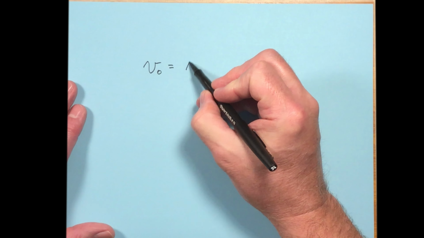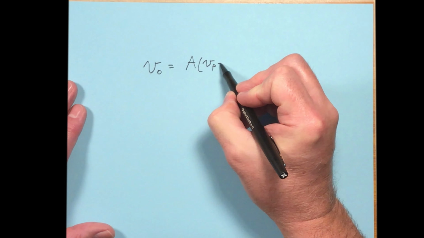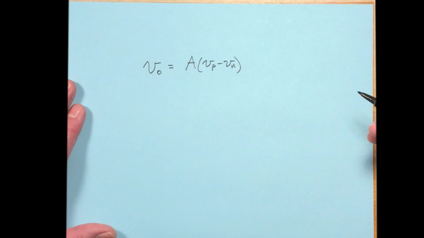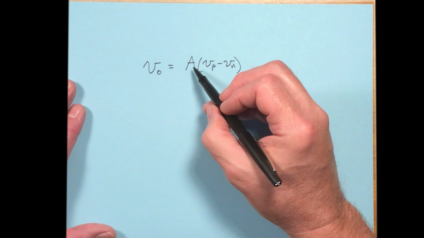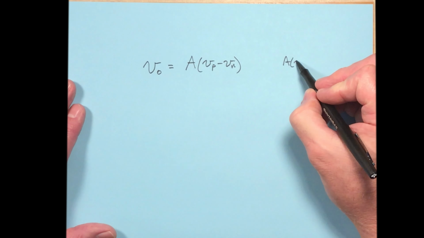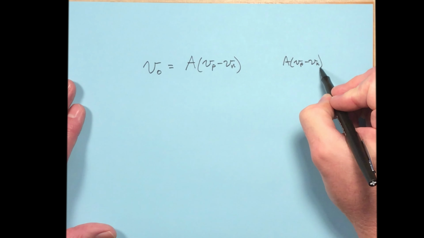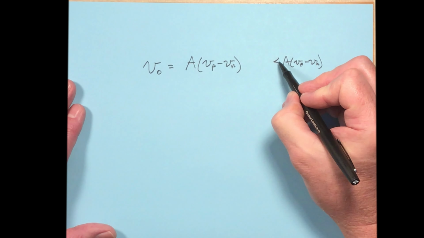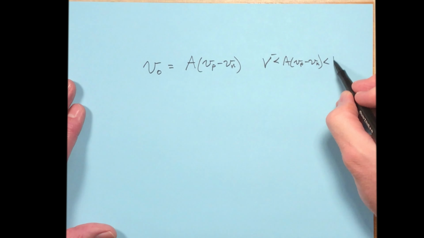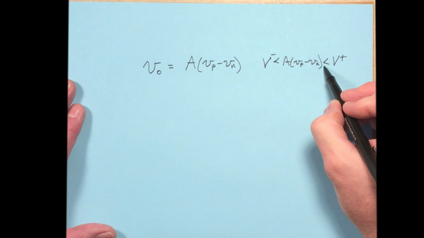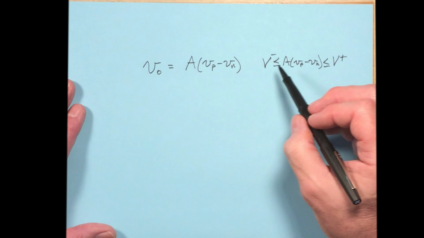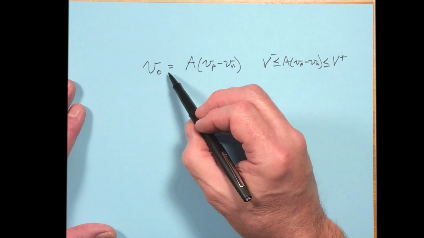The limitation is this: V output is going to be equal to A times (Vp minus Vn), as long as it's not bigger than the supply voltages. So it's going to be this if A times (Vp minus Vn), that's the output, is between your V minus and V plus. So greater than or equal to V minus, and less than or equal to V plus. In other words, as long as the output is somewhere between your supply voltages, then this is going to be the output.